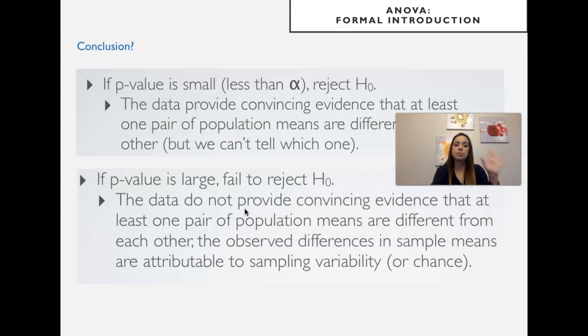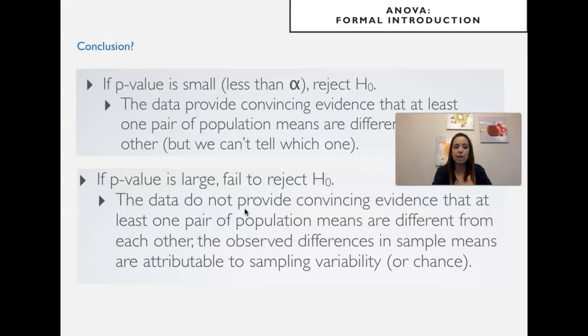Okay? So if the p-value is small, we say we're rejecting the null hypothesis that every single mean is exactly the same or the difference is just due to random variability. We say there's something going on, but this something is that at least 2 means are different from each other. We don't know which ones.